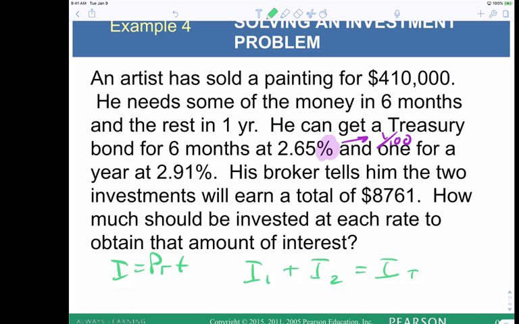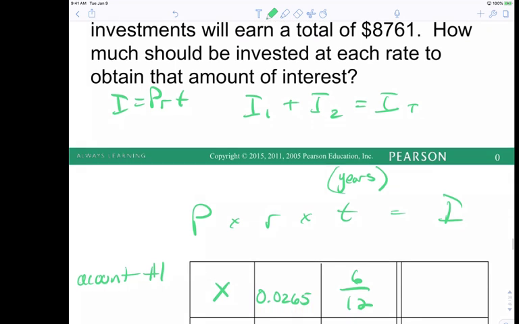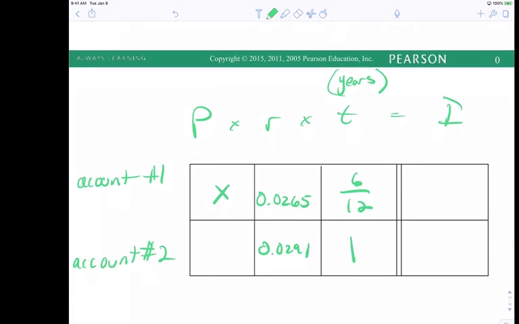What number? 410,000, right. He has the 410,000 and he's divvying it up between the two accounts. He's going to put some unknown amount into the first account, so how do we know what's left over? The 410,000 minus X.